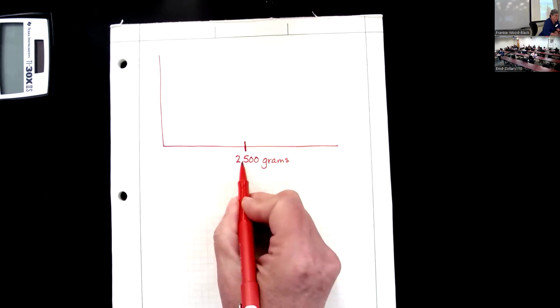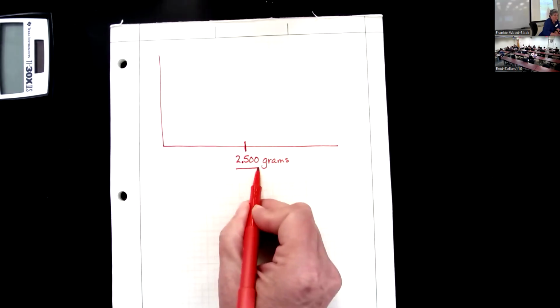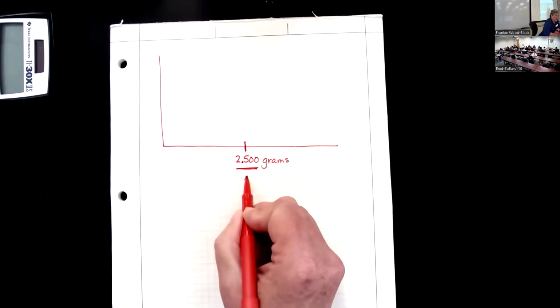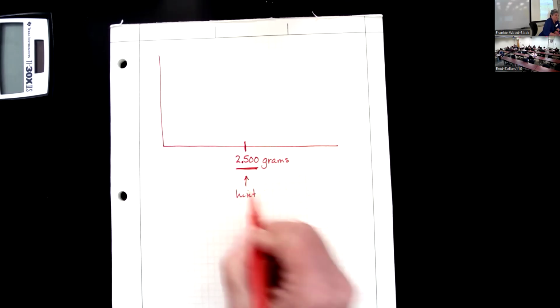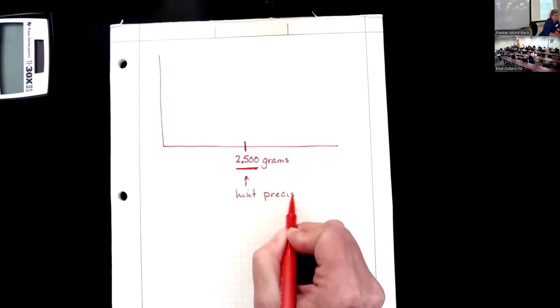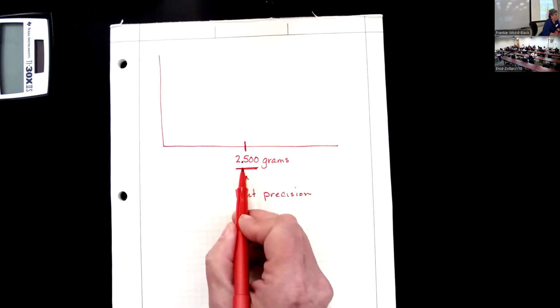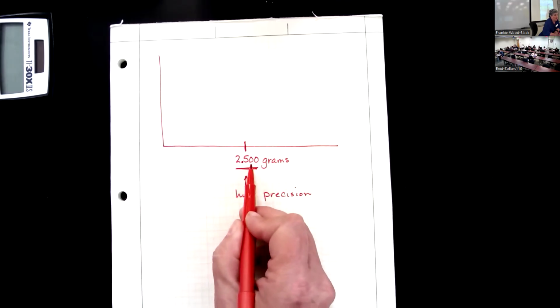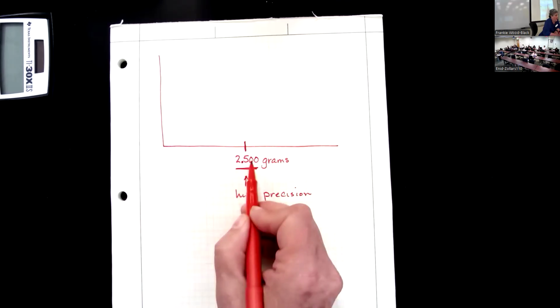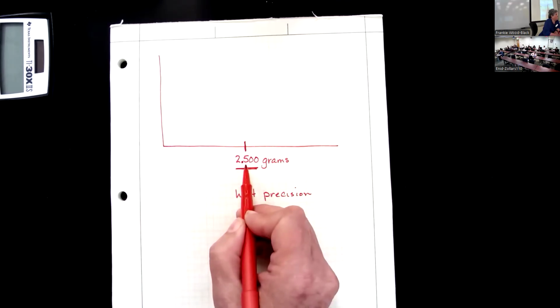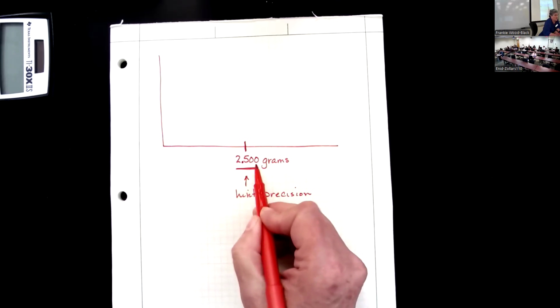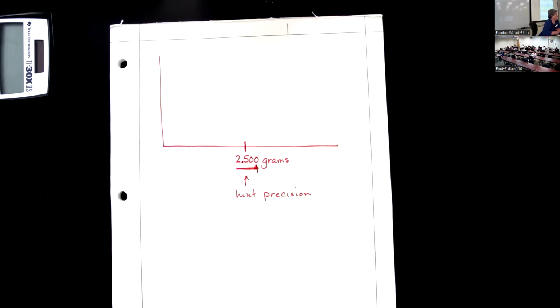Just the writing of my number here gives me a hint to the precision of my number. Every penny that comes out of the mint should be 2.500 grams, not 2.5 grams, not 2.6, but that. So this tells me the precision of my number.